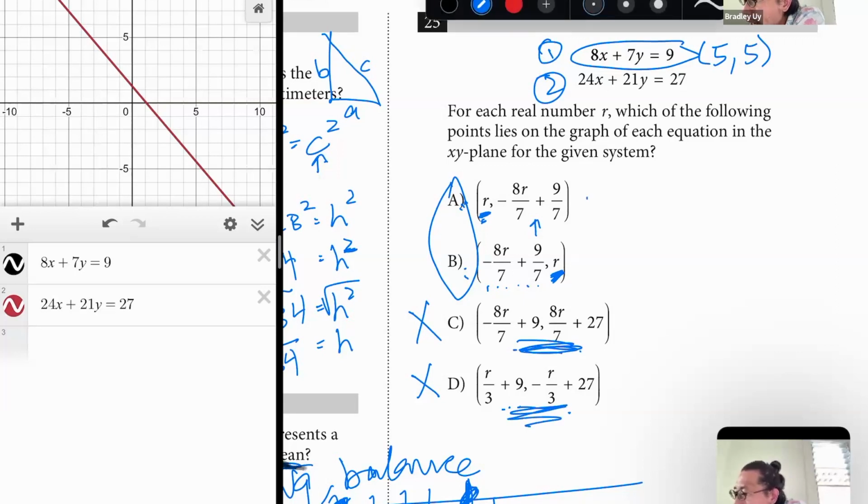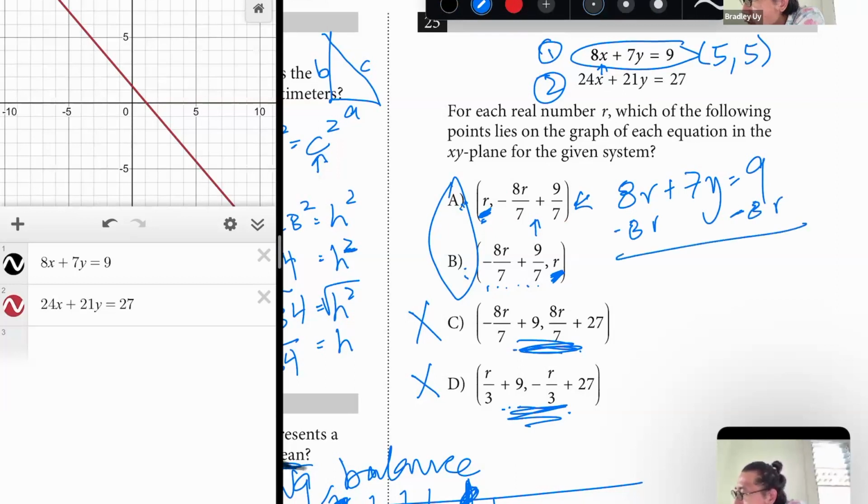So to check A, you would plug in an R for X right there. Okay, R for X. So that's 8R plus 7Y equals 9. And all we're doing here is solving for the corresponding Y, okay, which would go in here. How you do that is you would subtract 8R from both sides.